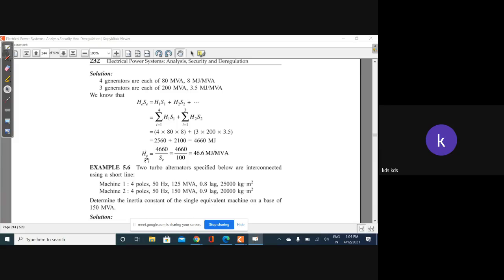So the inertia constant of the equivalent machine is the total kinetic energy divided by the rating of the single equivalent machine.